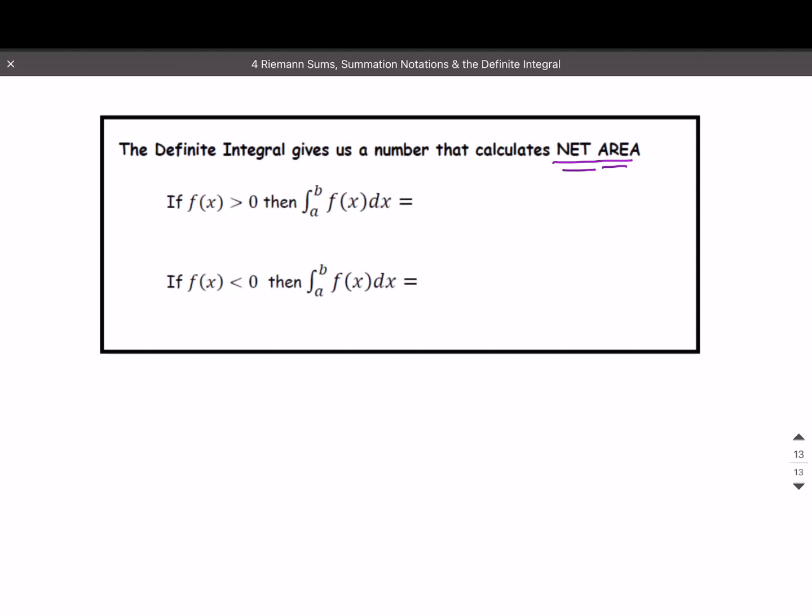Something to keep in mind is that if f of x is greater than 0, that means that the graph is above the x-axis. Then the integral from a to b of f of x dx will give us the exact area.